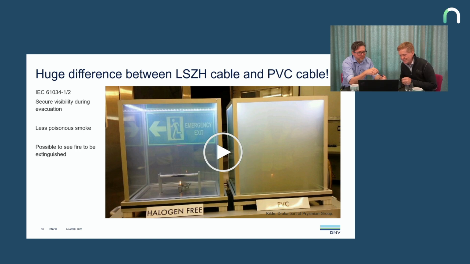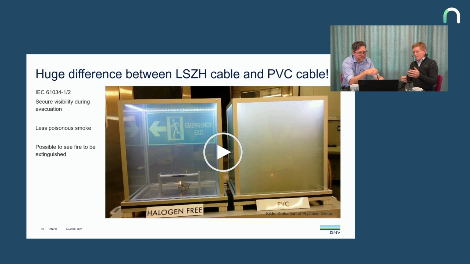Please spread this. Not the good news, but the bad news about this, because here you can see in the left picture a halogen-free cable, and I think it has burned for about 2 minutes. You can see the small flame burning into the little black burnt part of the cable, and it's completely possible to see the emergency exit sign.